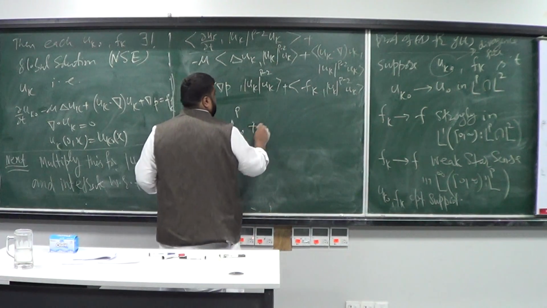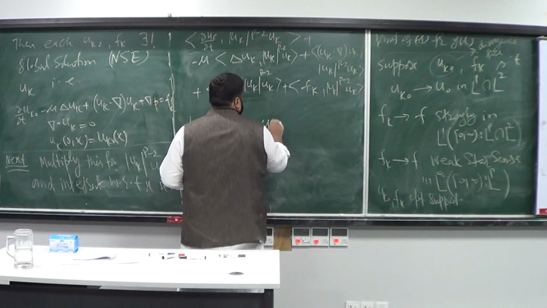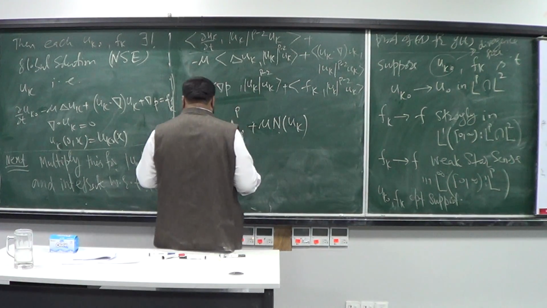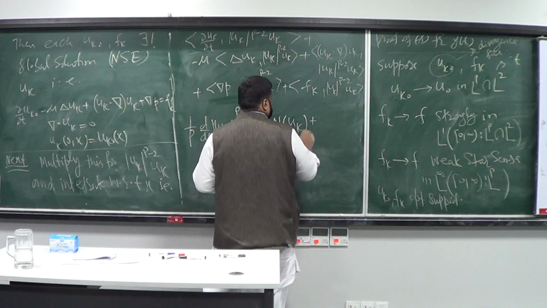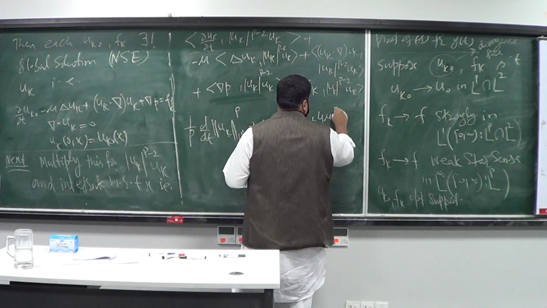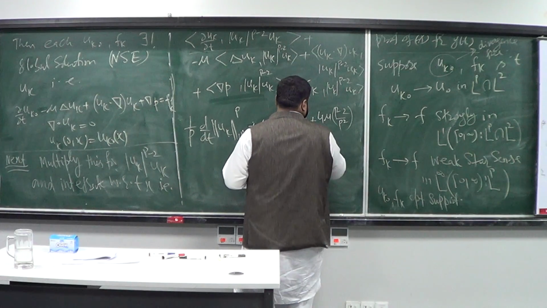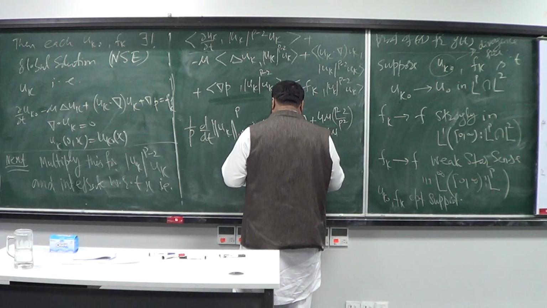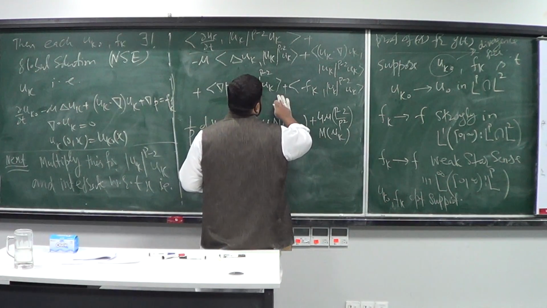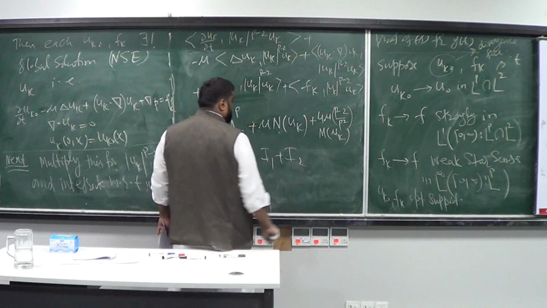Plus, let's call this next term N of UK, with mu, I'm just going to directly mention them. Plus 4 mu p minus 2 by p square and M of UK, and equal to, take for example these both terms on the other side and call each integral I1 plus I2.